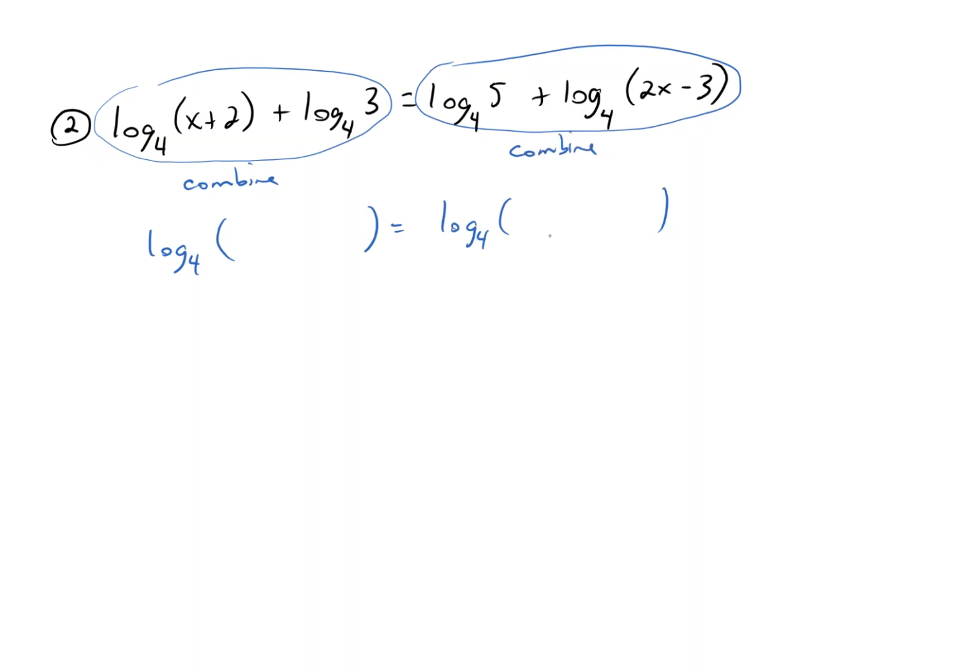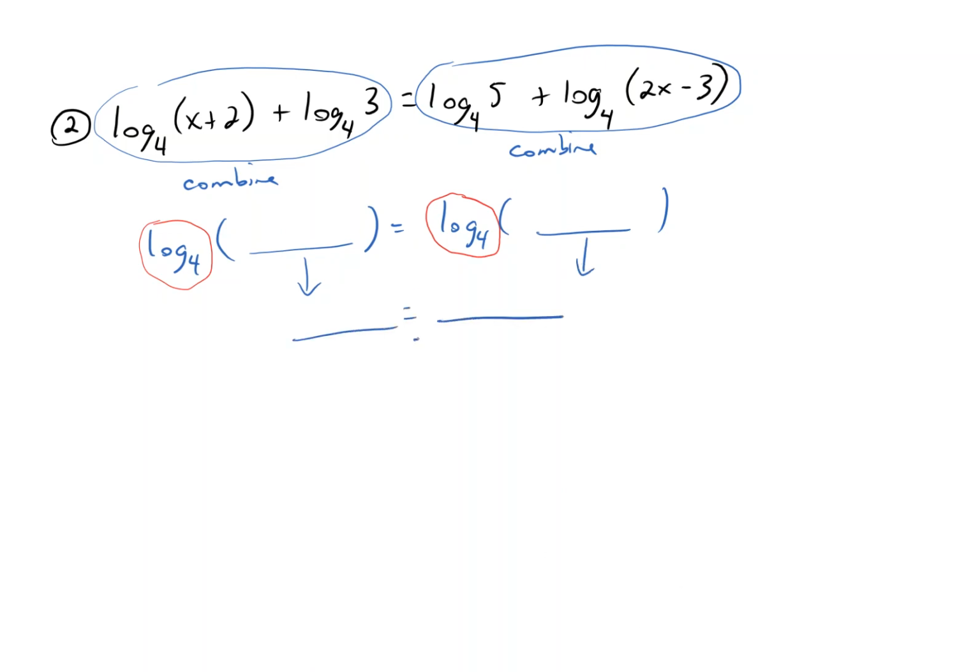Once you've done that, now you can undo the log base 4. So do whatever you need to on the left side to undo the log base 4. But when you do that on the left side, you have to do it on the right side, which is good news because it will also cancel our other log base 4. So all that will be left is what's in the parentheses on both sides.